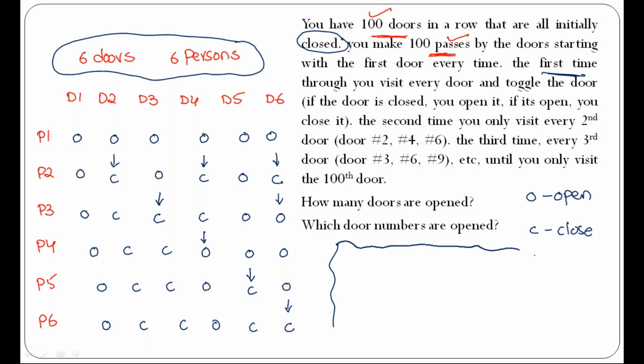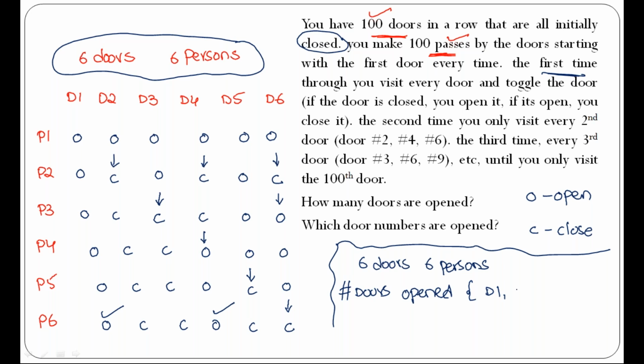Now, what we came to know at the end of this analysis is what the open door numbers are, my dear friends. For 6 doors, 6 persons, door 1 is open and door 4 is open.